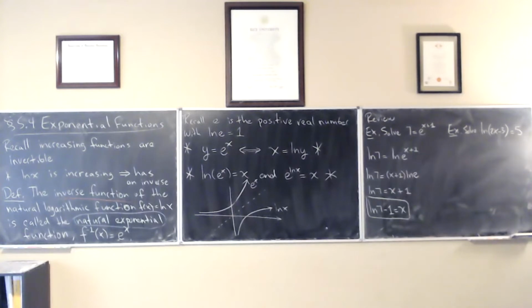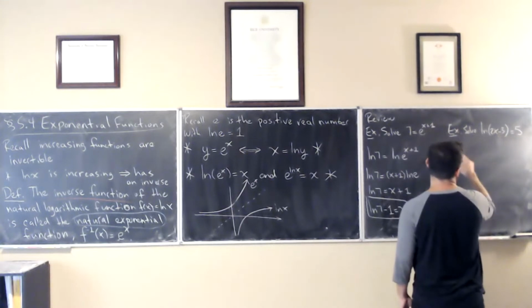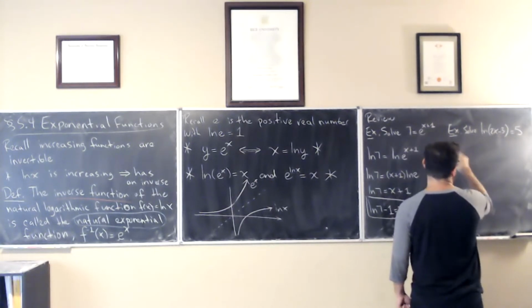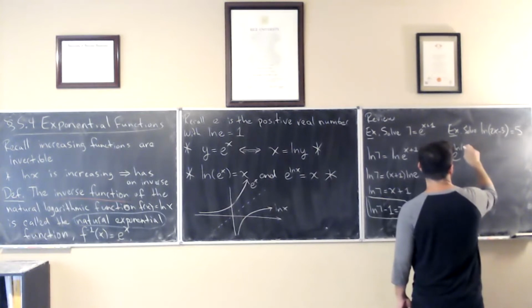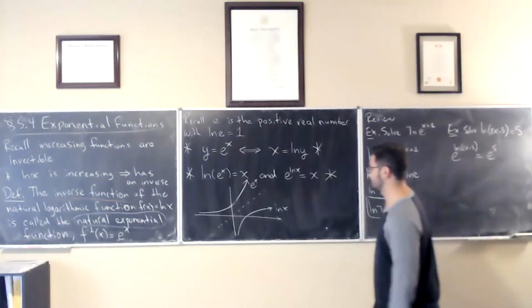So here, I suppose we can do the same trick, right? We can raise both sides of this equation to base e. So e raised to the power natural log of 2x minus 3 is equal to e raised to the power of 5.